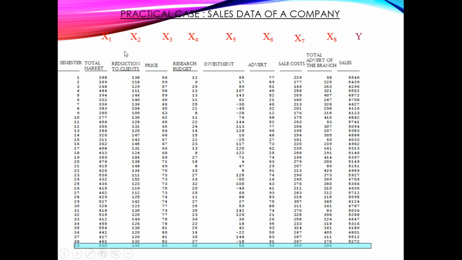The price can be another factor that influences the realization of your turnover. We have other variables that can explain the sales, like research budget, the investment, the advertisement, the sales cost, and the total advert budget of the branch.